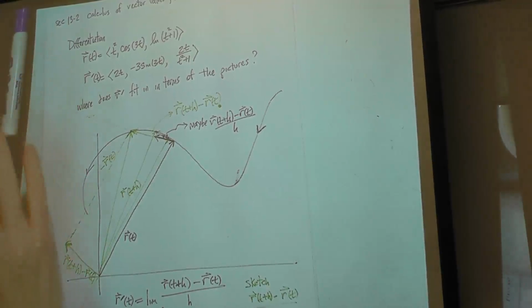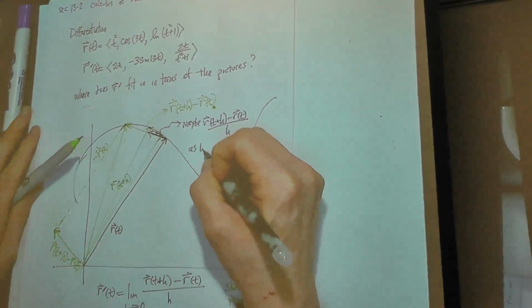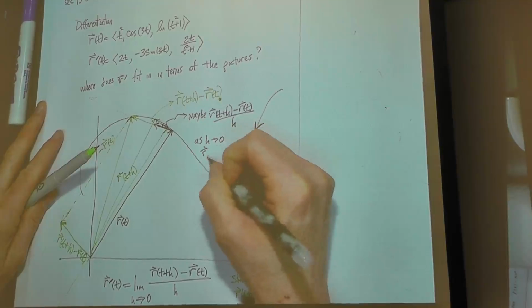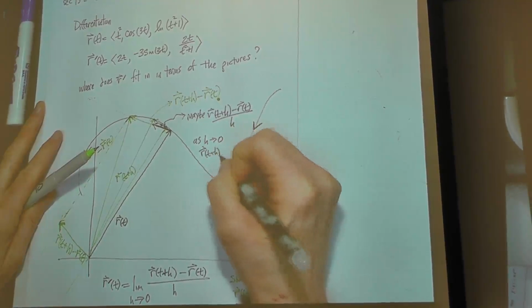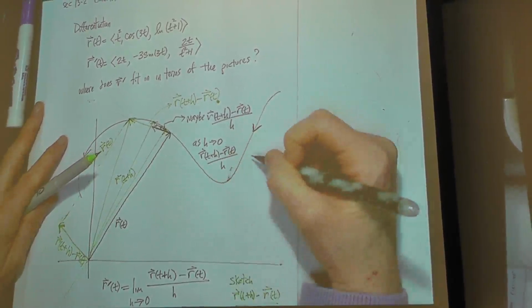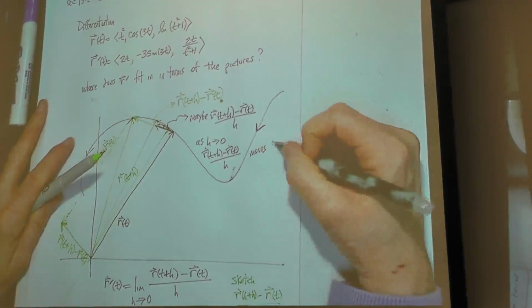Get what I'm saying? So as h goes to 0, this vector, r of t plus h minus r of t over h, moves to a tangential direction.